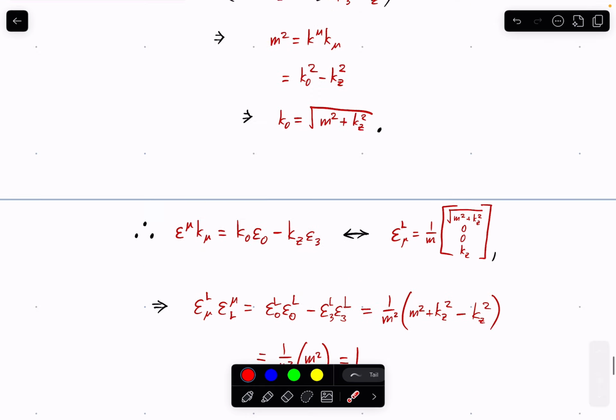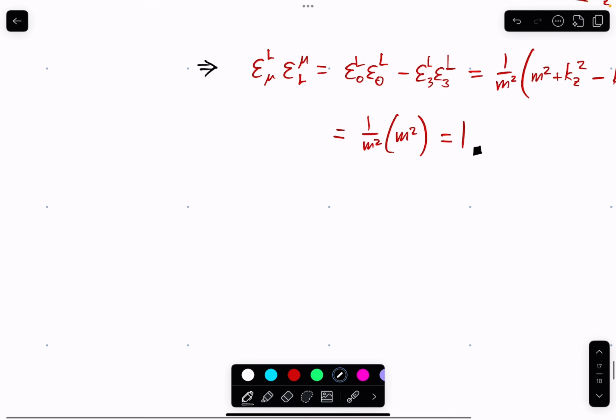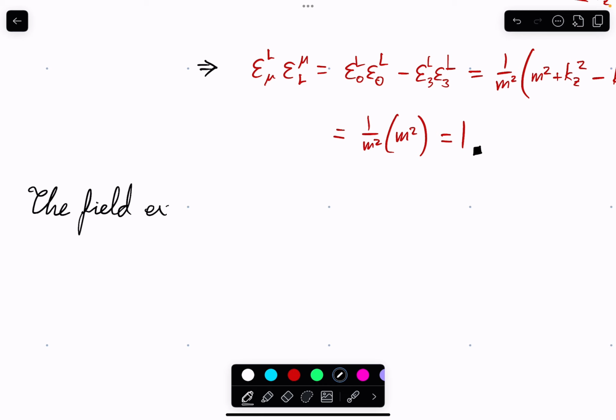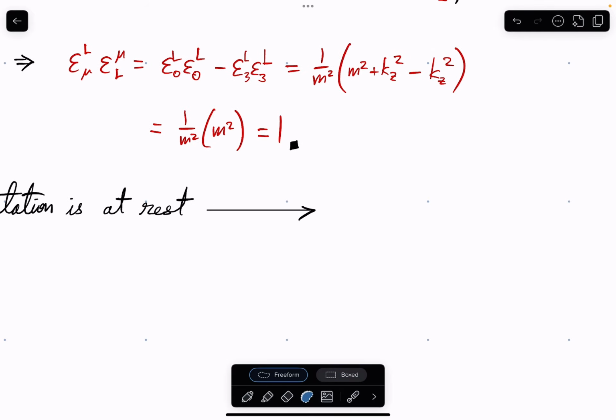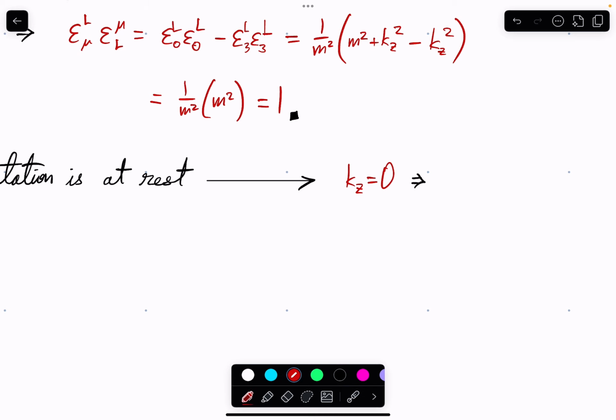And now let's consider the case that kz is 0. So if the field excitation is at rest, then kz equals 0, which implies that this polarization here is just 1 like this.